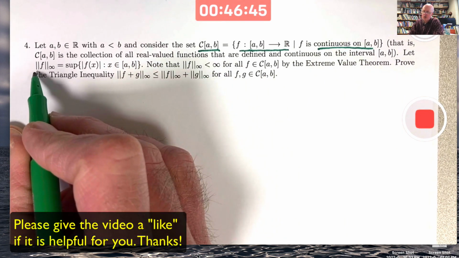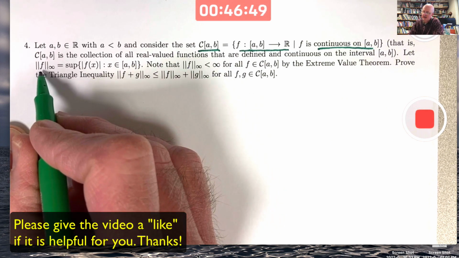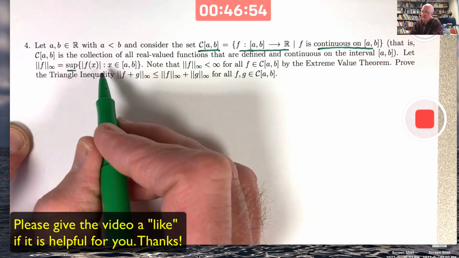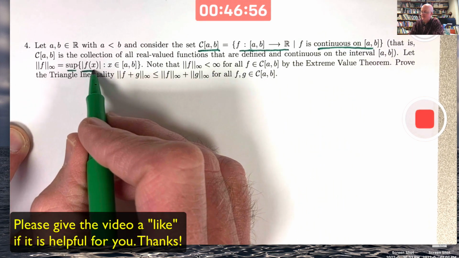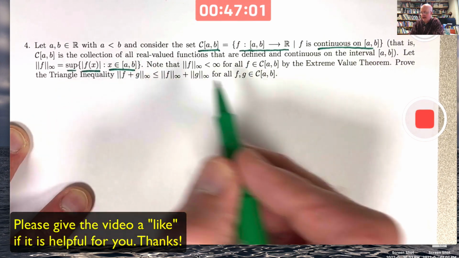Let the norm, the infinity norm it's called, of a function f in this collection C of AB, these are functions, be the supremum of the set of all possible absolute values of outputs as x ranges over the domain.